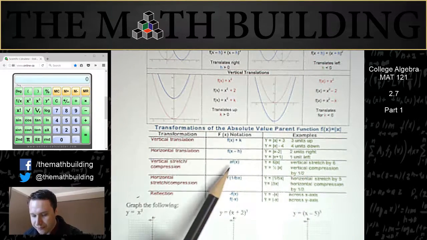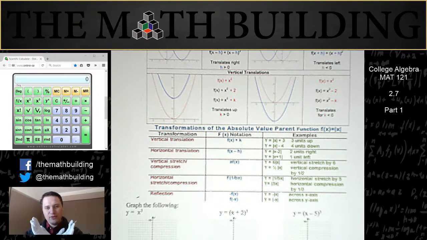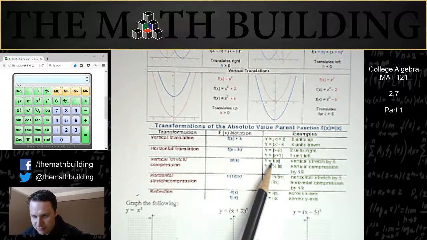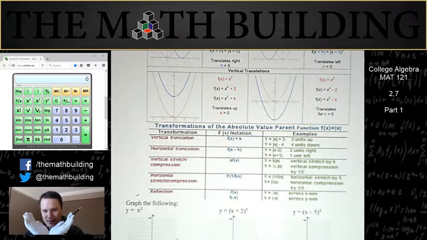If you multiply a function by a number, if that number is big, it means that the graph is getting bigger faster, which means that the graph gets skinnier. If you multiply by a fraction, then that means it takes the graph longer to get big, which makes the graph wider. So that's another thing to memorize. If you multiply by a number, it vertically stretches it, meaning it makes it narrower.